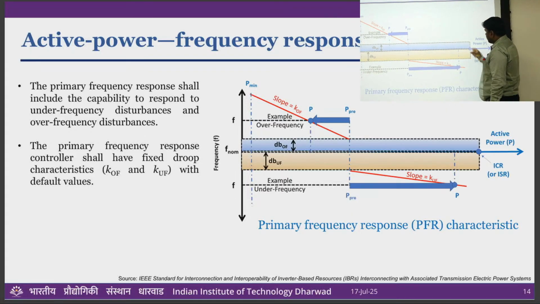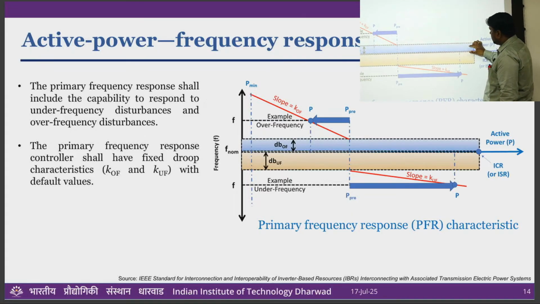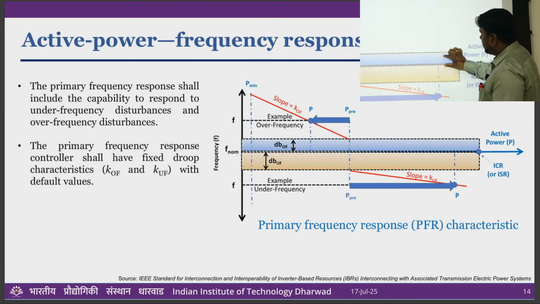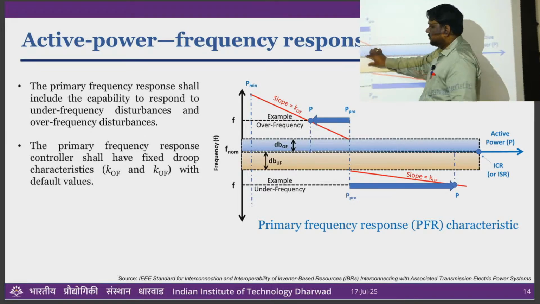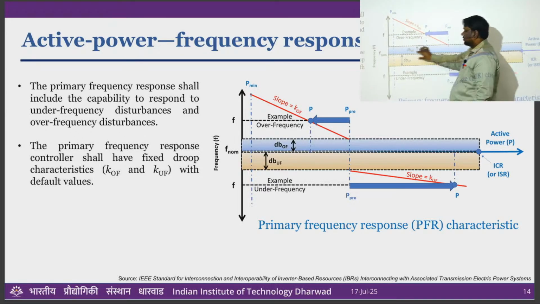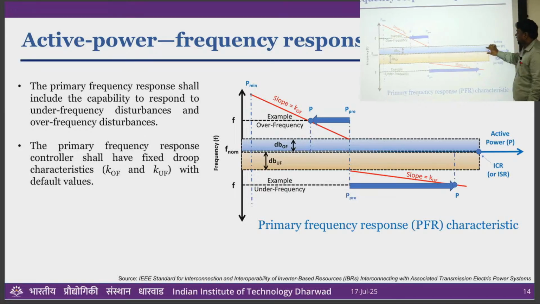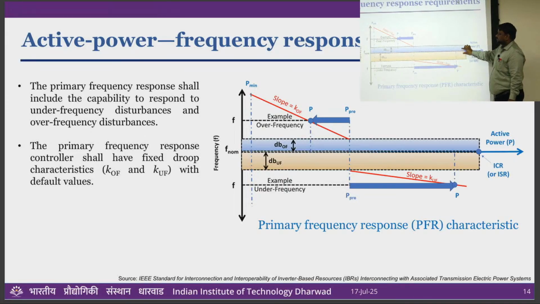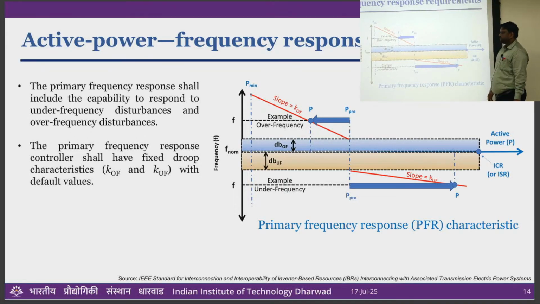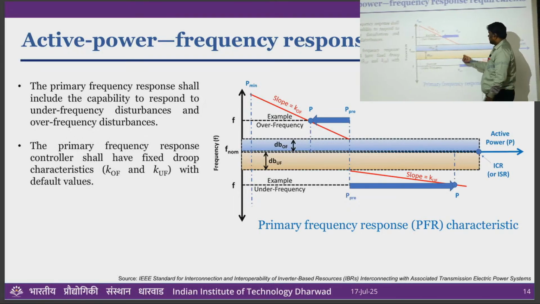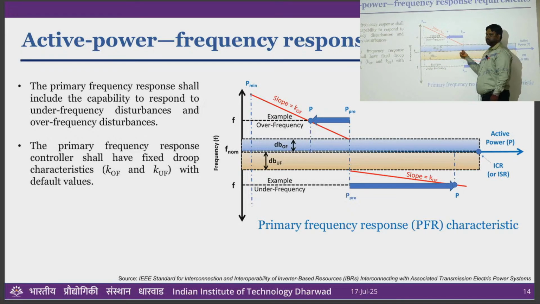So if your frequency is somewhere in this region, what should be your active power? This is 0, right?